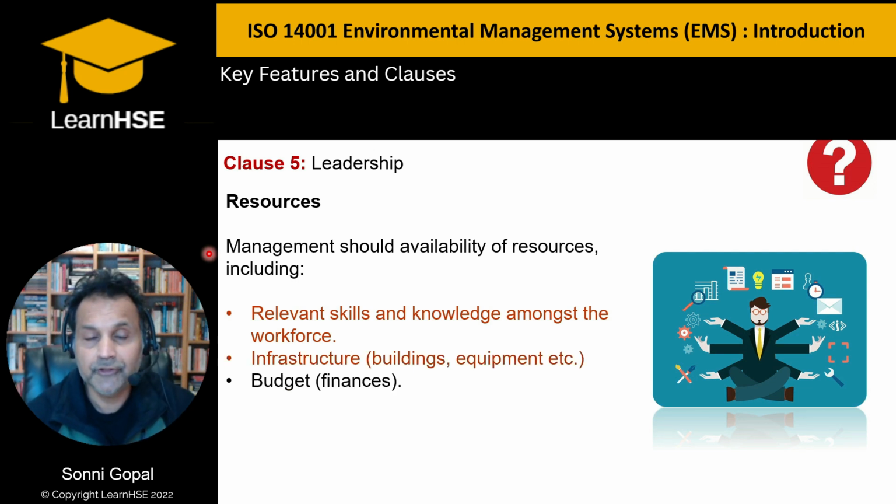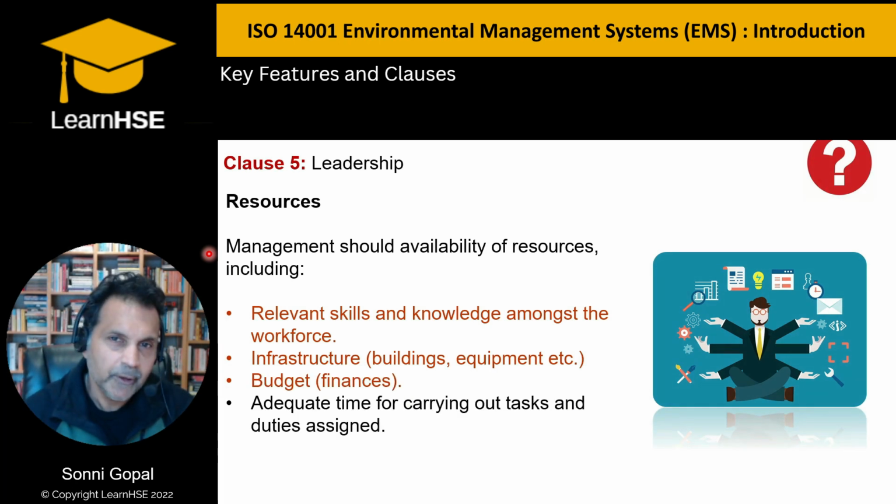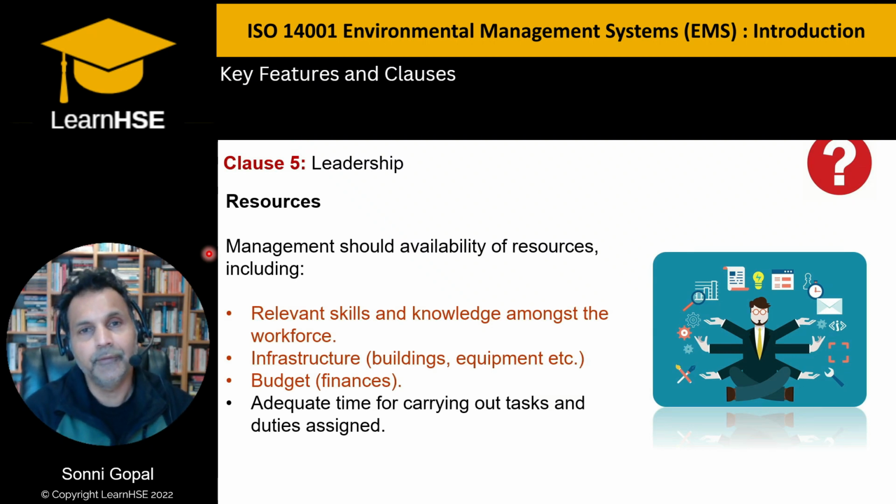Make sure they have the budget and finances, and also provide them adequate time for carrying out the tasks and duties assigned. In most companies, environmental management consists of add-on features to people's roles, and therefore it's important that we give them sufficient time and space to make sure those tasks are taken care of.